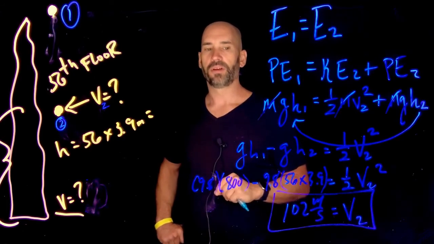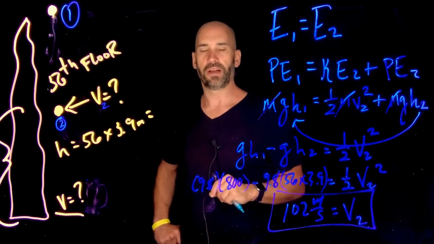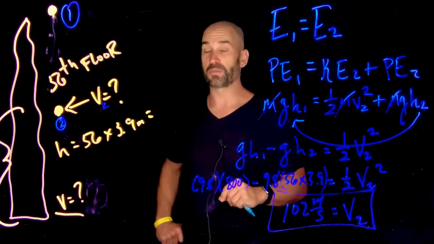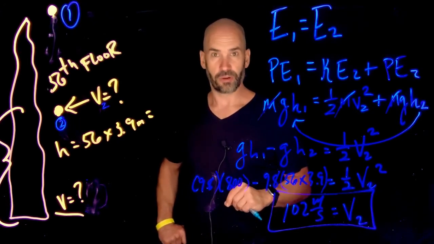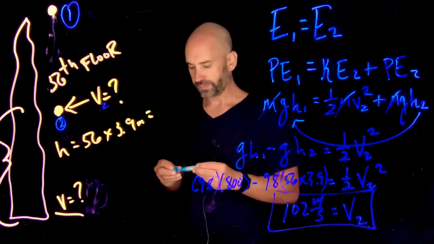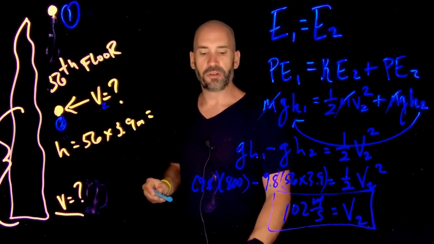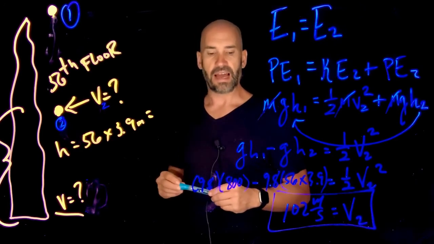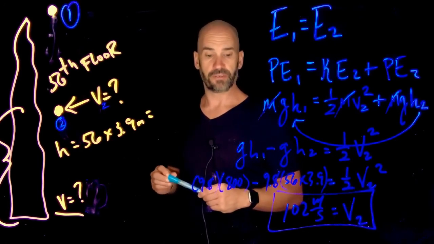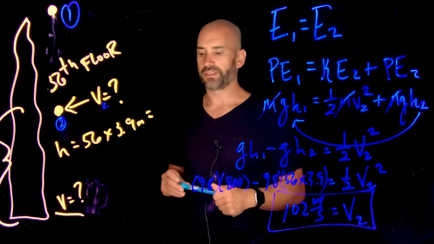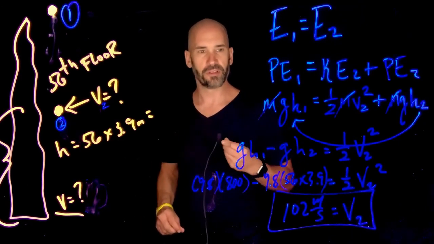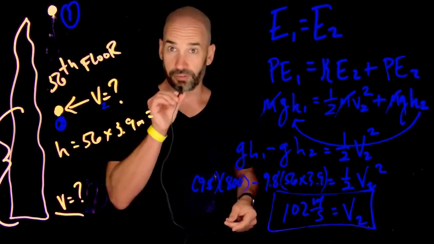And so we're like, that seems reasonable, right? Now, if you got something really, really small or something much, much bigger than 125, you might want to question yourself. Okay? We're going to be doing many more problems involving conservation of energy and how to incorporate non-conservative forces. But this is my introduction to you. I hope you found it as simple, as elegant, and as wonderful as I did.